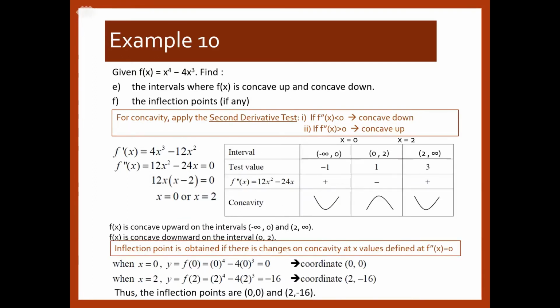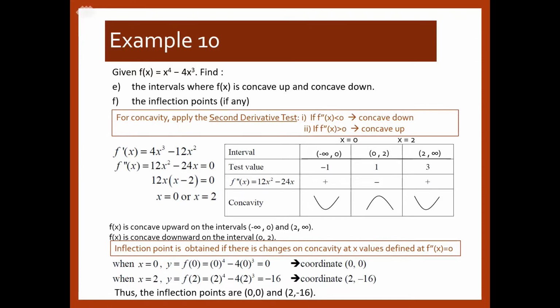To determine the concavity of the function, you need to apply the second derivative test. If f''(x) is less than 0, the function is said to be concave downward. If f''(x) is greater than 0, the function is said to be concave upward.